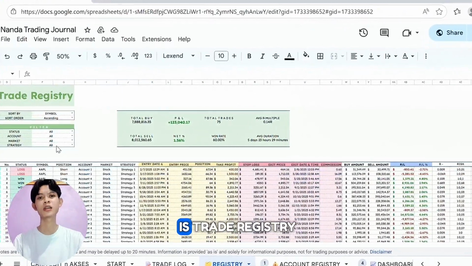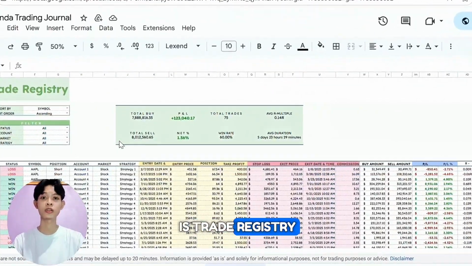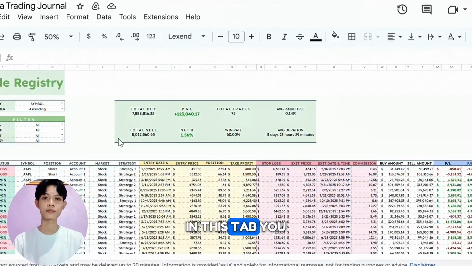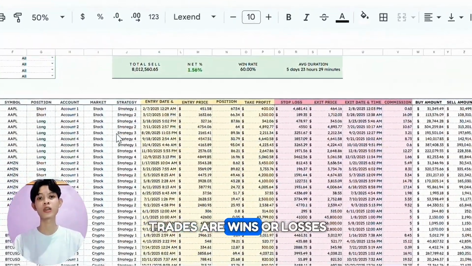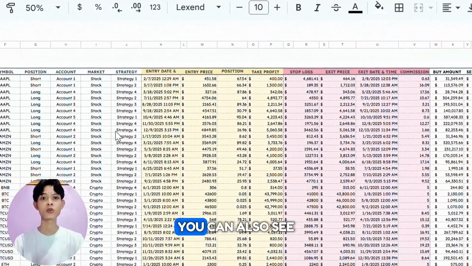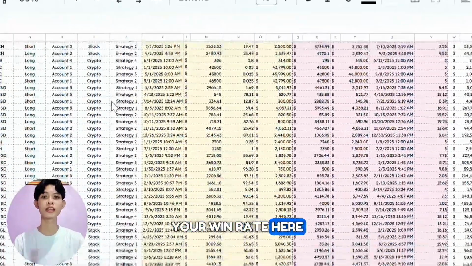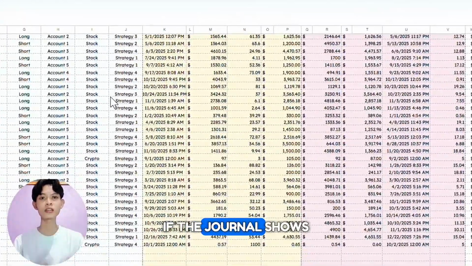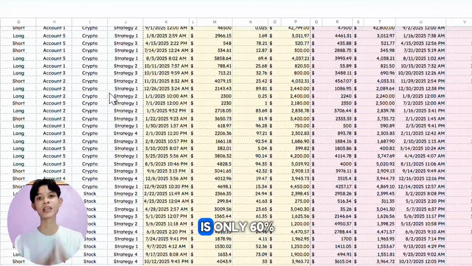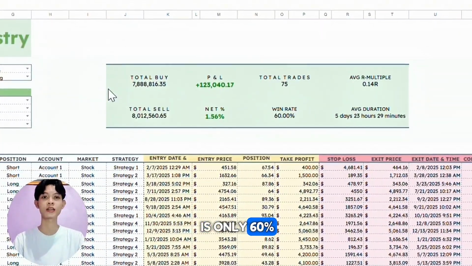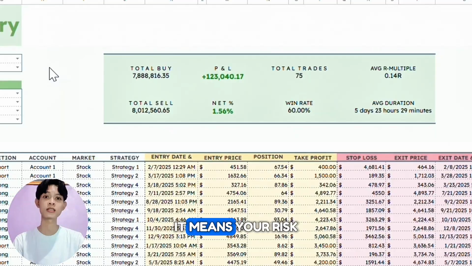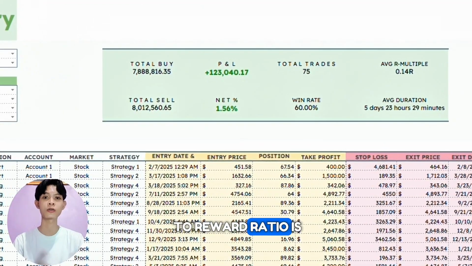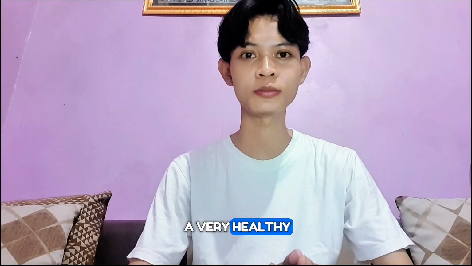And the next one is trade registry. In this tab, you can see whether your trades are wins or losses. You can also see your win rate here. If the journal shows that your win rate is only 60%, but you are still making a profit, it means your risk to reward ratio is very healthy.